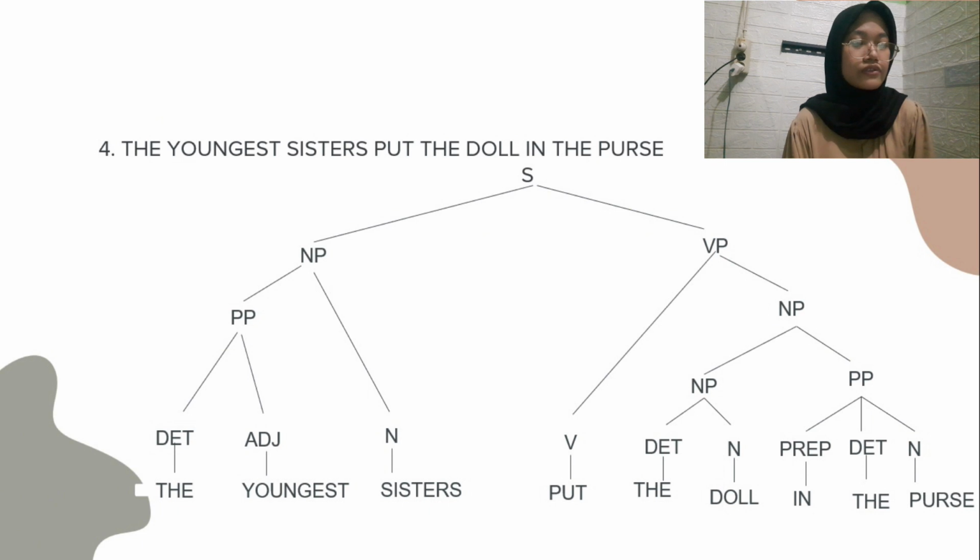And the verb phrase is divided into two: verb is put, and noun phrase divided into two: noun phrase and prepositional phrase. The noun phrase is divided into two: the as determiner, doll as noun. And the prepositional phrase is divided into three: in as preposition, the as determiner, purse as noun.